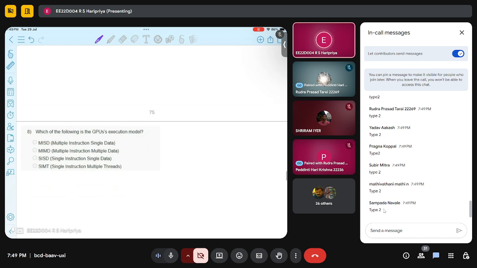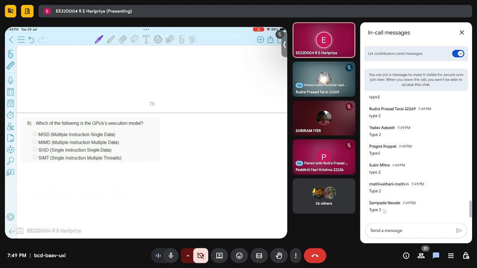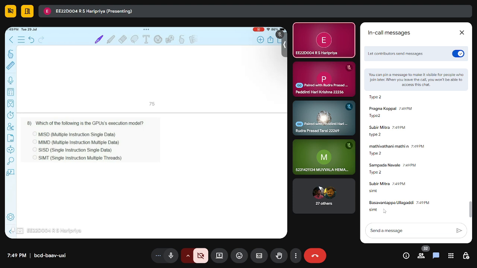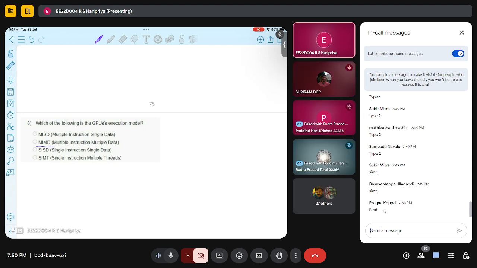So which of the following is the GPU execution model? Multiple instruction, multiple data: I have a set of instructions, a set of data. It is used in CPU and distributed systems when different processes execute different instructions on different data.